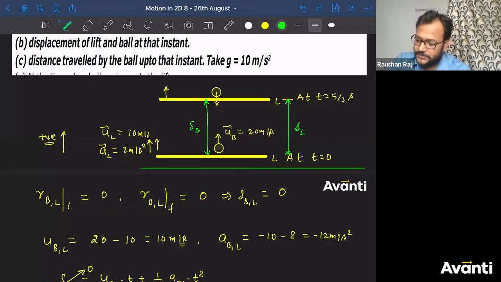So I'll say this is the initial position of the lift. All right. लिखूं कैसे समझ नहीं आ रहा. So this is the initial position of the lift. What is the final position of the lift?